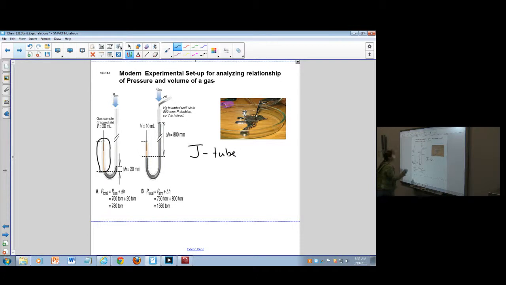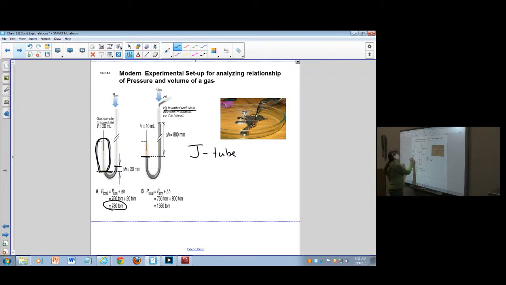It's much smaller than that, but in this case, we know what volume is in this end of the tube, in the J tube, and we know what the pressure is going to be. In this case, we have a pressure change of delta H from here to here, and we calculate that up, and in this case it says that's 780 torr. Now we're going to add some mercury until we have halved the volume.